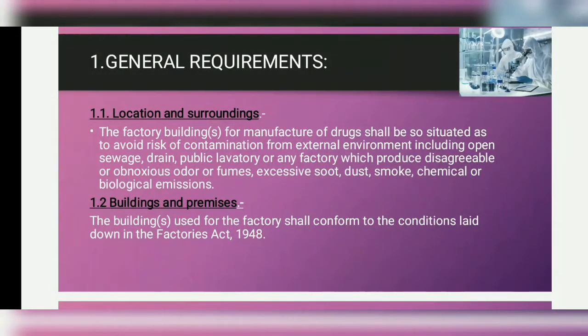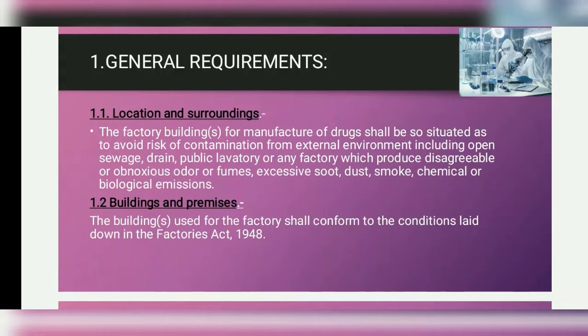Firstly we will see location and surroundings. The factory building for manufacture of drugs must be so situated that it avoids risk of contamination from the external environment. Which type of contamination from the external environment is to be avoided?